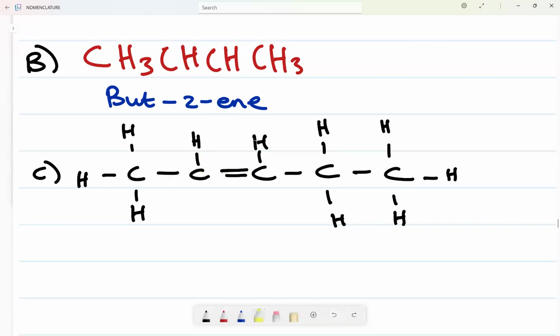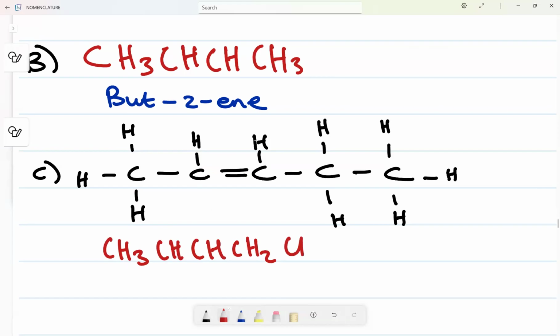If I were to put another hydrogen there, it is wrong. So make sure that you know how to count. Now let's do the condensed formula. Can you see that when you have a structure, it's easier? It is CH3, then CH, CH, CH2, CH3.